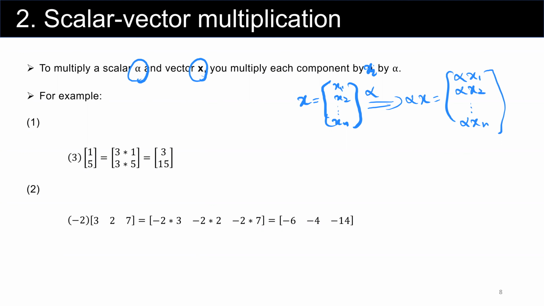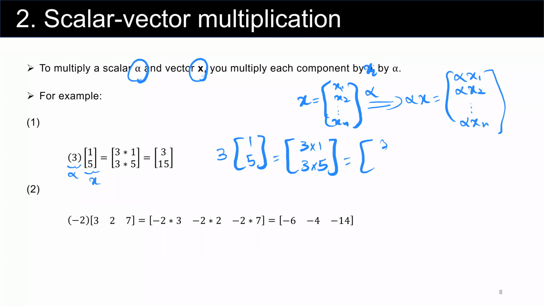Let's take a look at two examples. First example, scalar 3 multiplied by vector x. So 3 multiplied by (1, 5) is equal to (3 multiplied by 1, 3 multiplied by 5), which is equal to (3, 15).